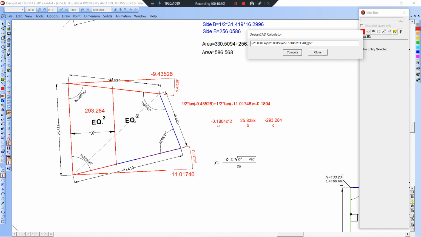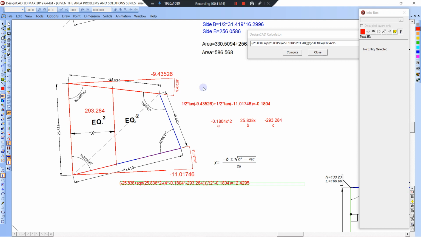I want to do the same thing here, parenthesis. If you don't do it, you'll get an incorrect answer. 2 times negative 0.1804, close parenthesis. And if we hit that, Control C, we should end up with our number that's the offset, that distance, which is x. So let's type that, Control V equals, and paste that. There you go, there's that formula.